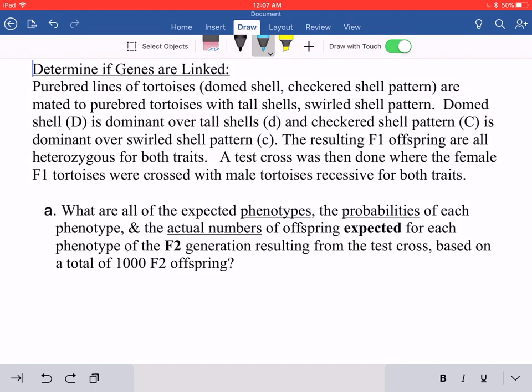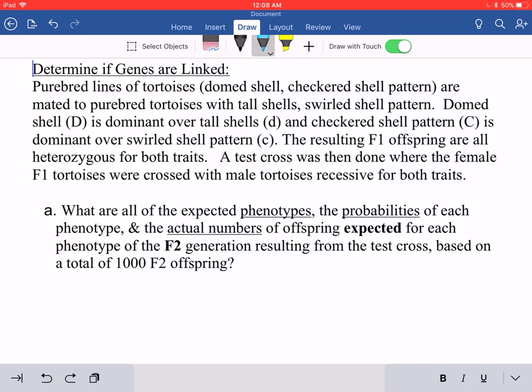And the checkered shell pattern, big C, is dominant over the swirled shell pattern, little c.